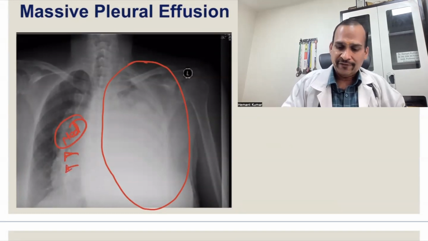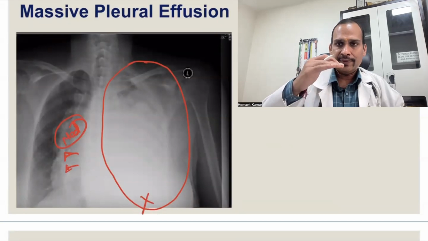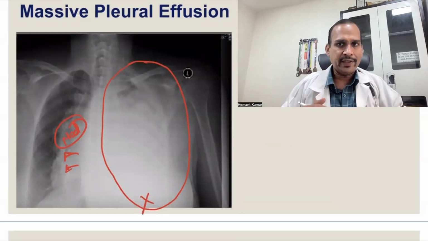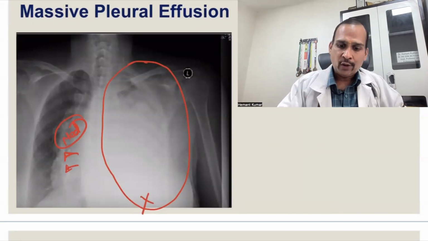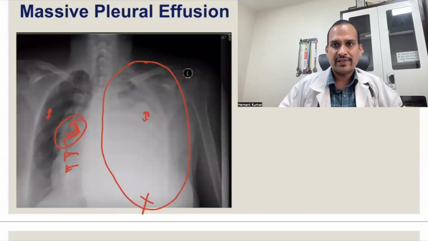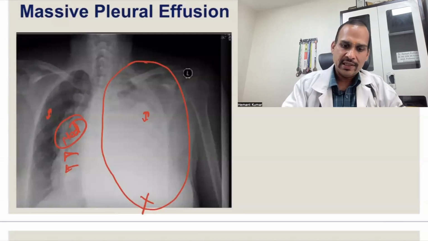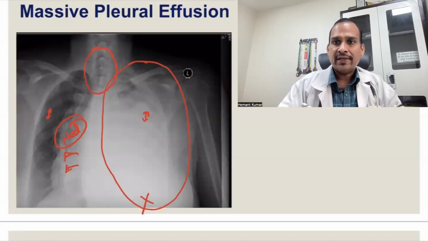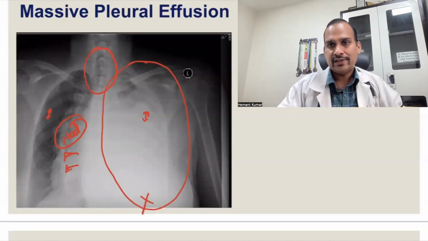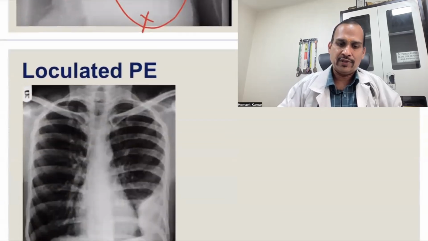The diaphragm we cannot see because there is obliteration between fluid and diaphragmatic opacity. The intercostal space will be widened as compared to the opposite side. So these are signs of massive pleural effusion. You can also see the trachea is shifted to the opposite side. So this is massive pleural effusion.